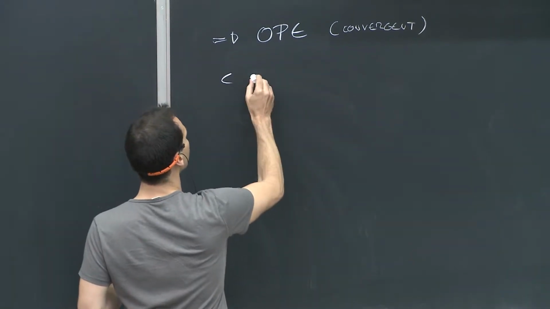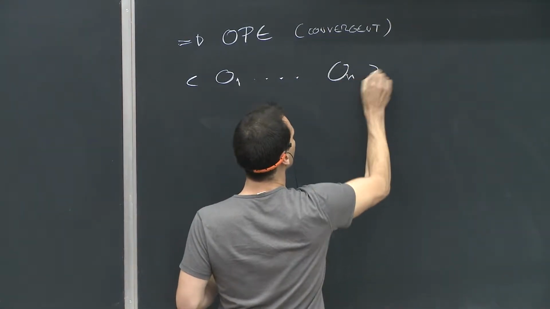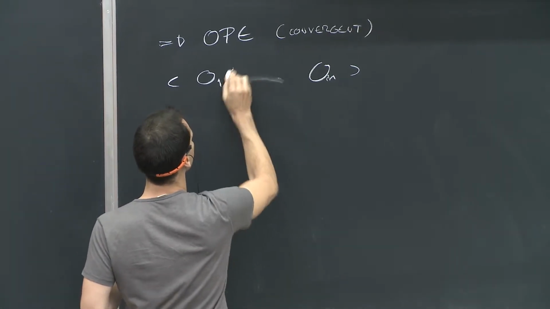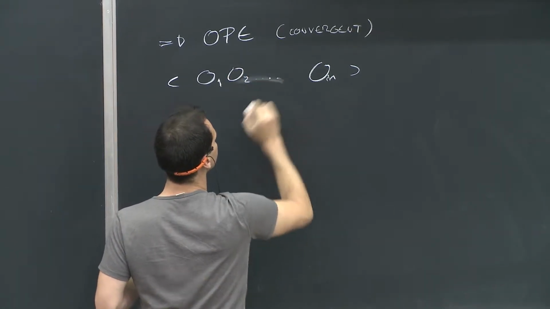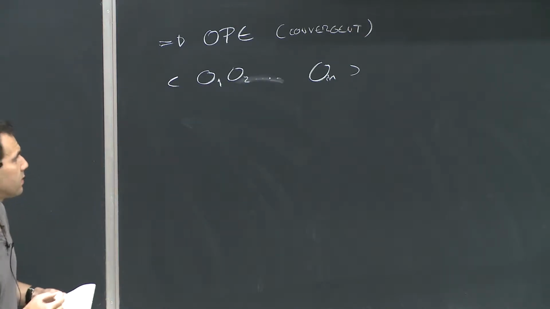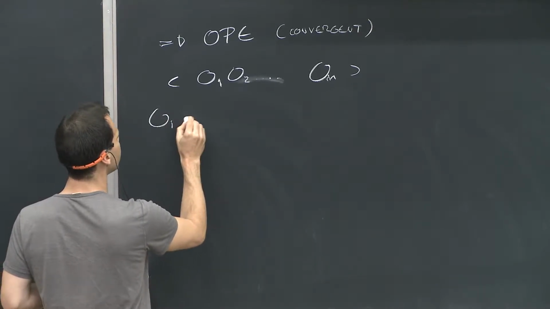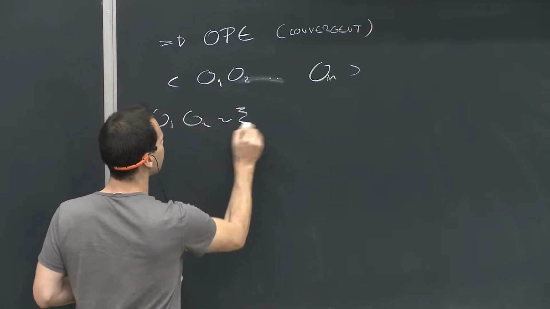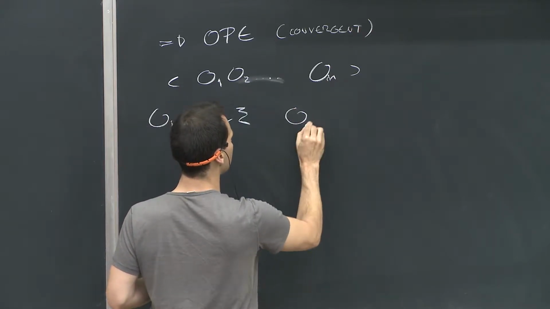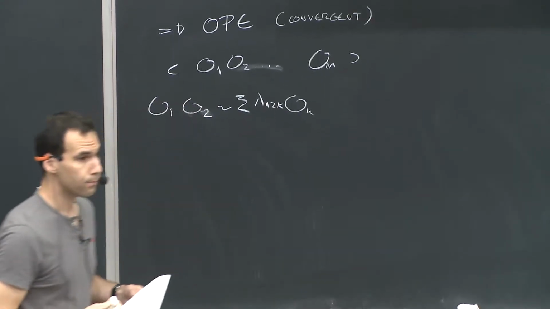Because if you have some big correlator with some large string of operators, so maybe I should add a few more here. Then what you could do is, well, if you know the OPE, then you know that O1, O2 can be written as a sum of some other operators, okay, with some coefficients, right?